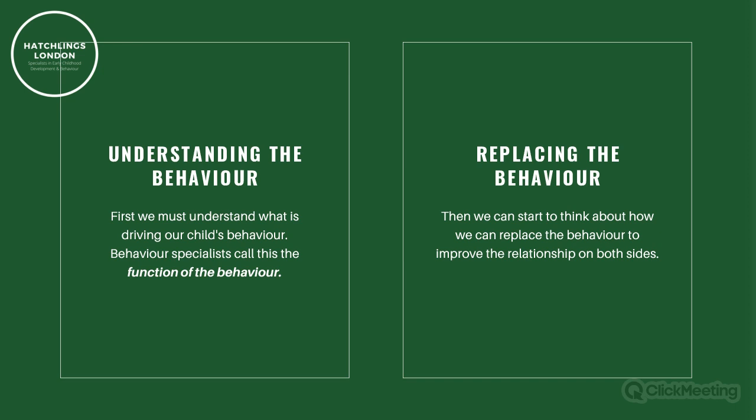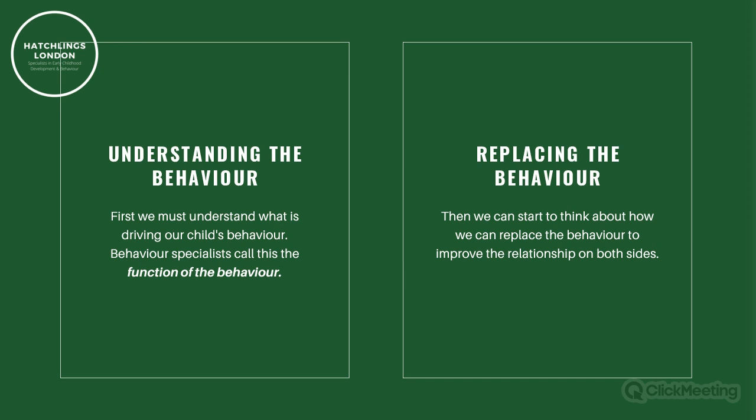There are 2 elements to the way that we work with behaviour. The first, which we're focusing on in this webinar, is understanding behaviour. First, we must understand what drives a behaviour. We call this the function of behaviour. When we know that we have the right why, we can talk about replacing the behaviour. The important thing to remember is that behaviour can't be eliminated.